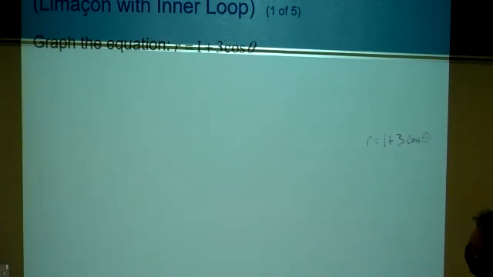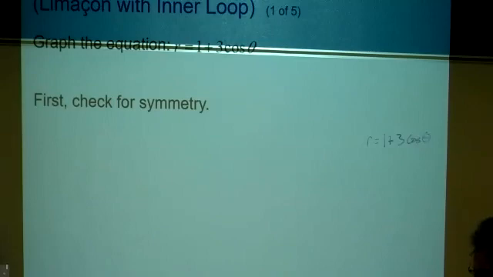So we look at, again, they check for symmetry. Is it symmetric with respect to the polar axis? Is it symmetric with respect to theta equals pi, the vertical line? Or is it symmetric about the pole, the origin?